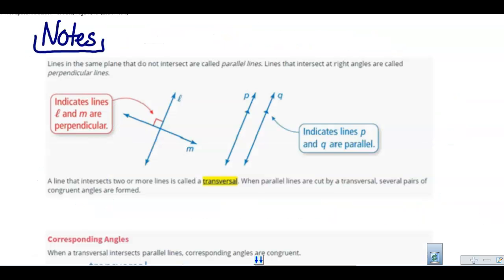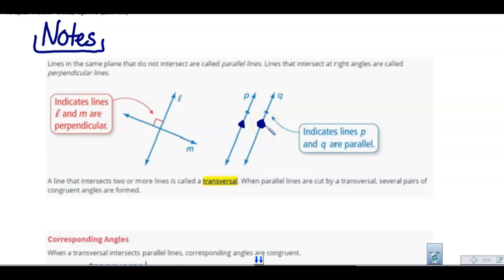First thing we're going to do here is discuss some notes. Background information first. When we have lines that are on the same plane but they do not intersect, that's what we call parallel lines. And they're notated as parallel lines by using a little arrow marker on each line pointing the same direction.